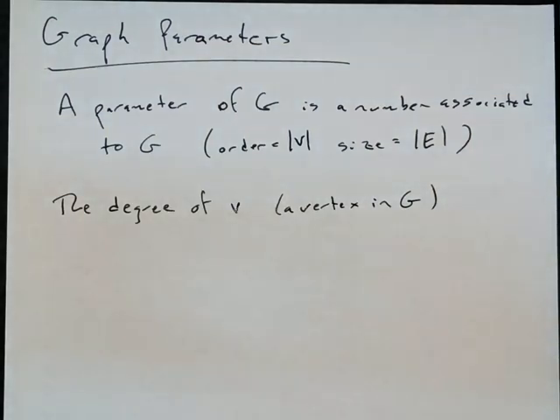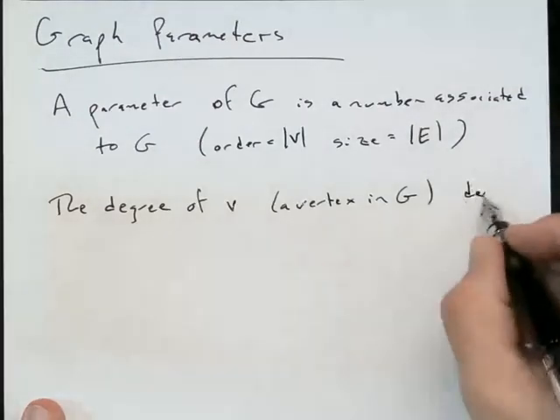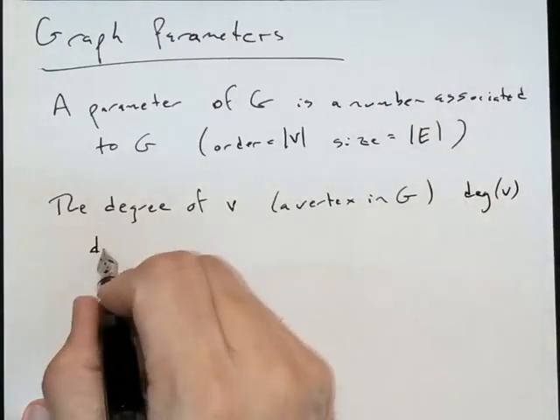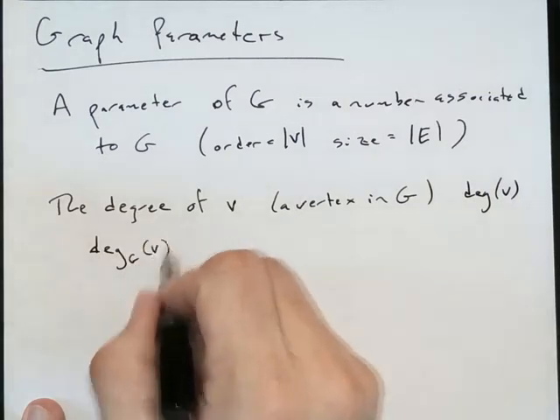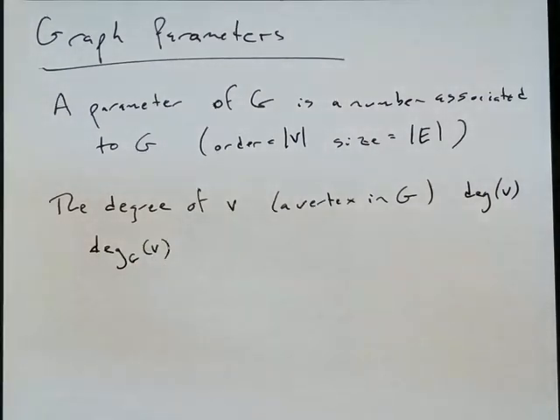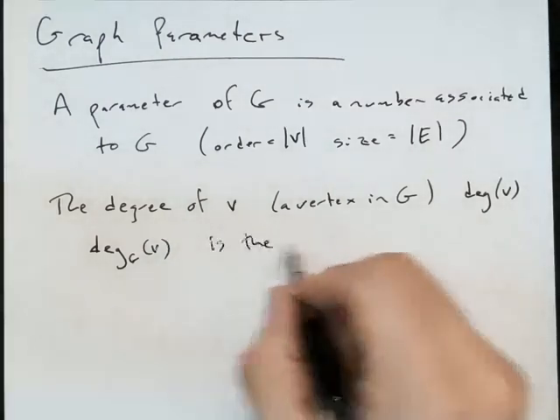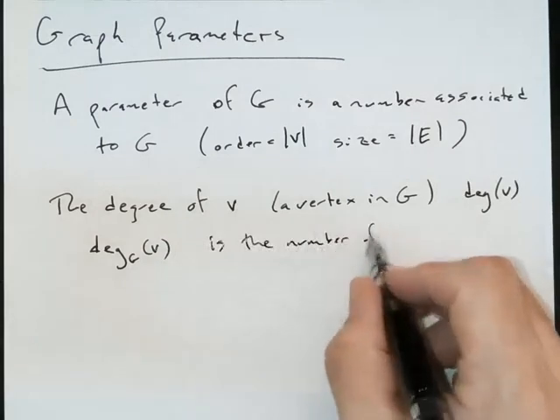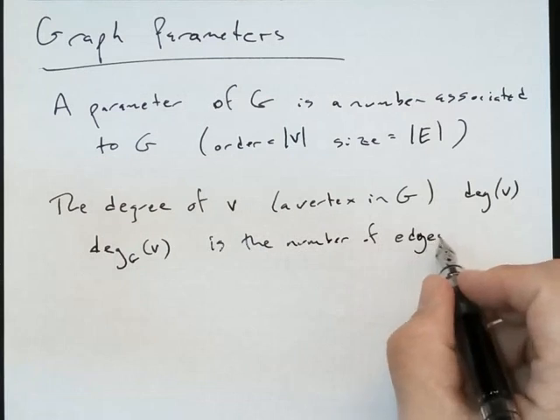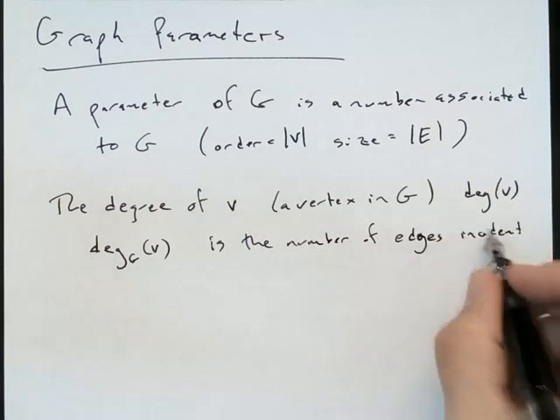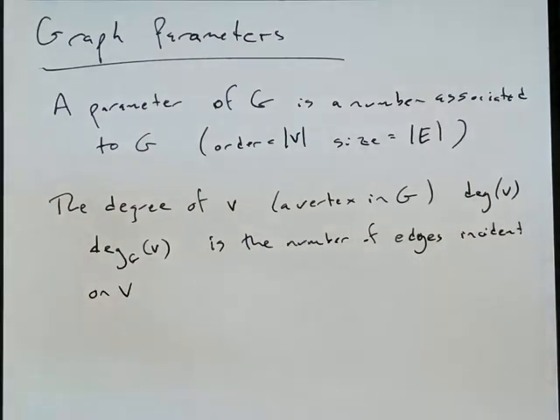The degree of a vertex, usually written DEG of V. Sometimes if I want to be specific about what graph I'm in, say I have more than one graph involved, I'll put it as a subscript, is the number of edges incident on V. Or an equivalent way to say it is it's the number of adjacent vertices.